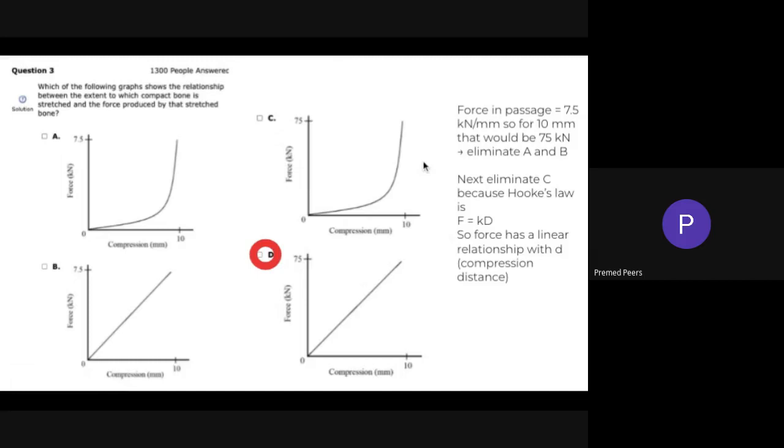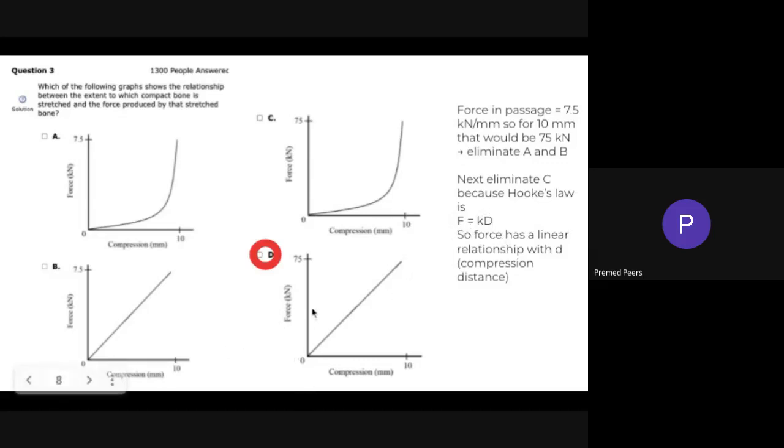So the next issue is, is it a line or is it a curve? The reason why it's D is because we are looking at Hooke's law here, which is force equals KD or force equals KX, where D or X stands for compression distance. So K is a constant and F is going to be directly proportional to D or X as a result.